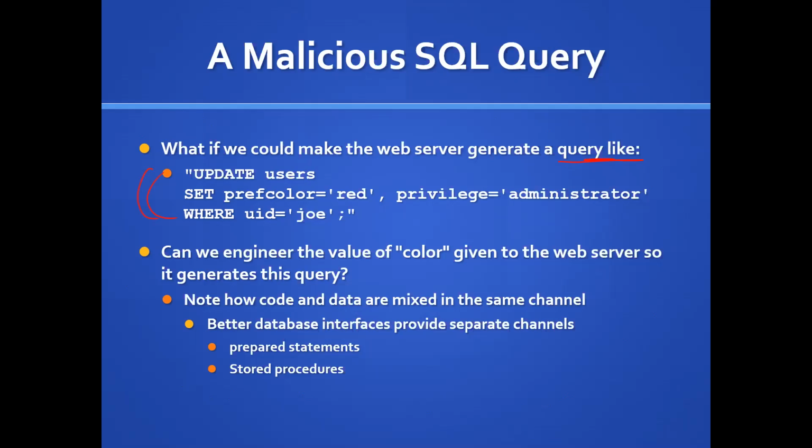So the question is, can we engineer a value for color, where it was red or blue before, given to the web browser so that it generates this query? That's what you're going to try to do as an attacker. Make sense? Yes. Great.